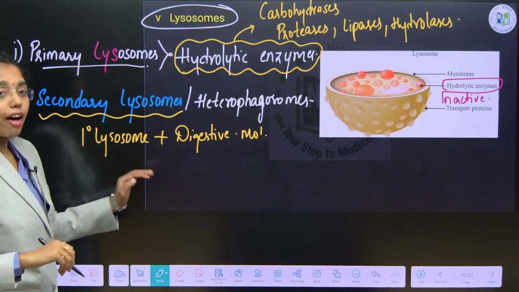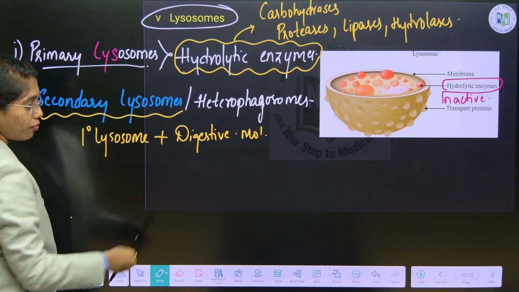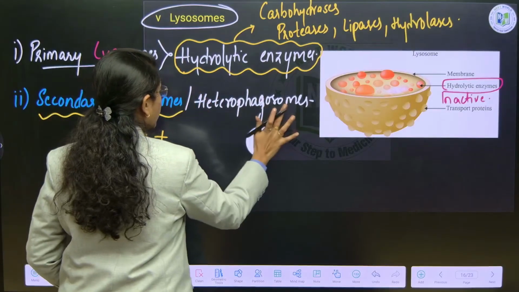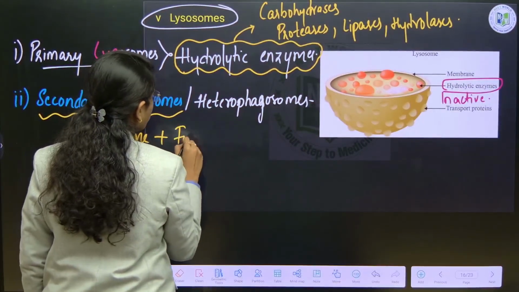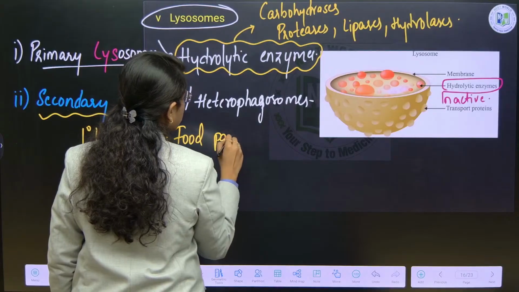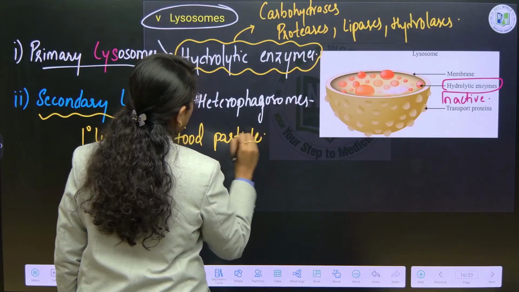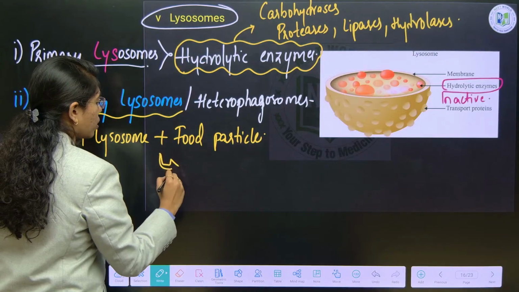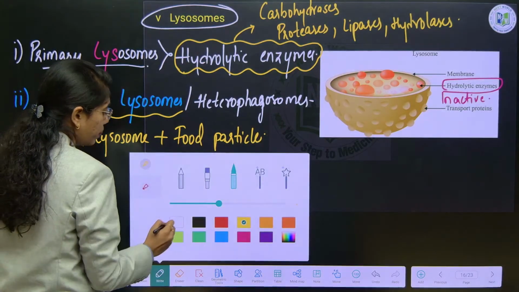So, after digesting the digestive molecules, or the food particles, you can say, primary lysosomes along with the food particles that are present inside the cell will release out some molecules.